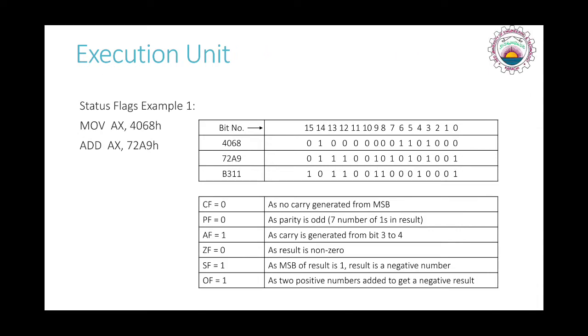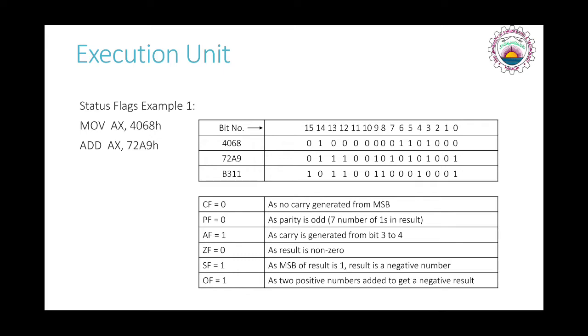In this slide, you are having an example for status flags. So we have added two numbers. First number is 4068 hex. Second number is 72A9 hex. And result is B311.